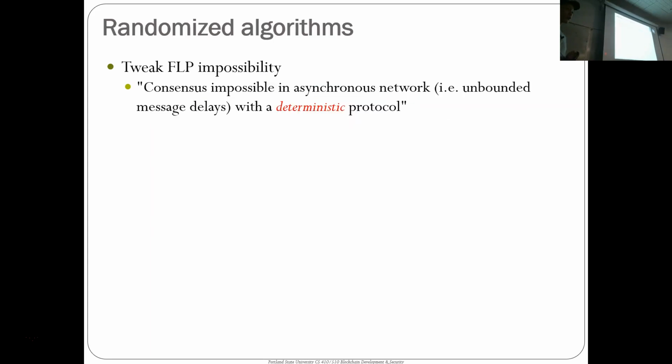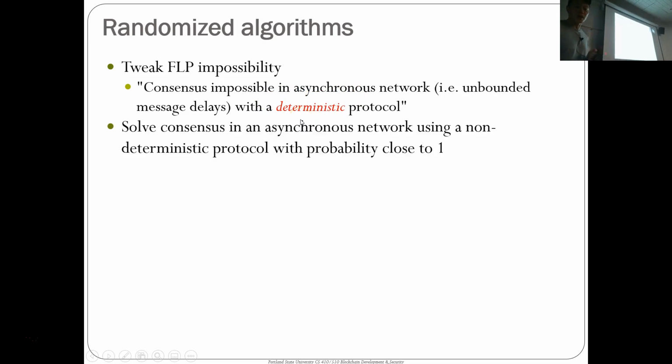Okay, so there are alternatives. There are tweaks to the BFT protocols. One tweak is the randomized algorithms. And so we'll go back to FLP impossibility. Consensus is impossible in an asynchronous network with a deterministic protocol.